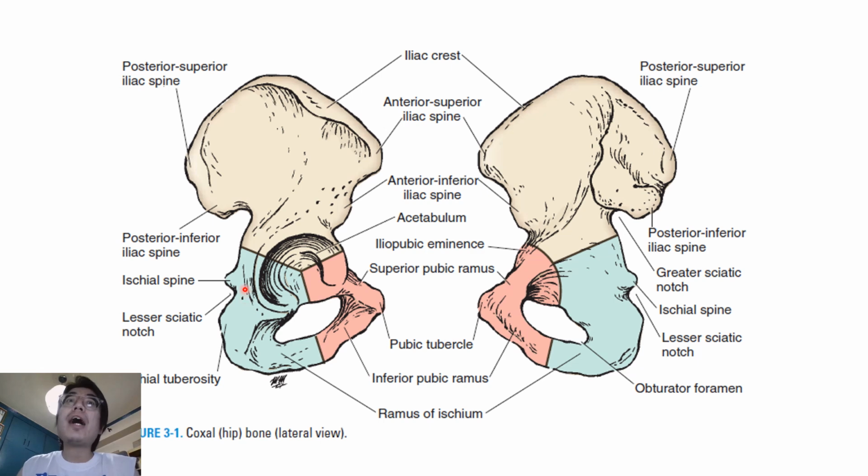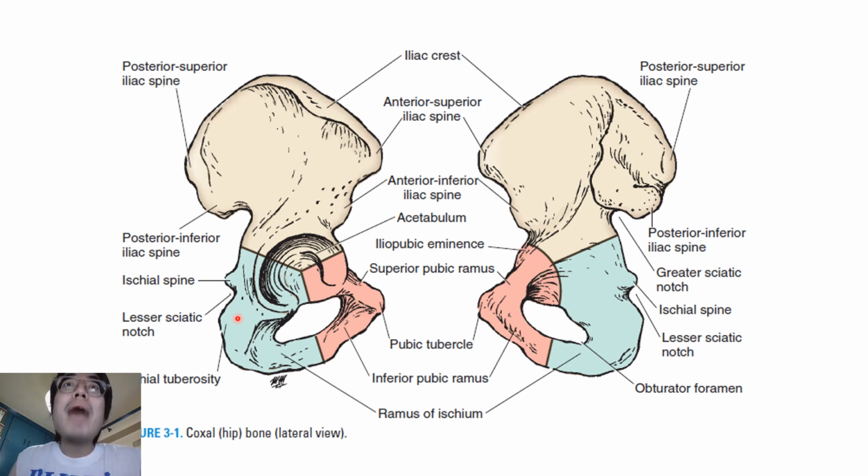Finally, we have the ischium in olive. The ischium forms the posterior-inferior part of the acetabulum and the lower posterior part of the hip bone. The ischium also has a body which joins the ilium and the superior ramus of the pubis to form the acetabulum.